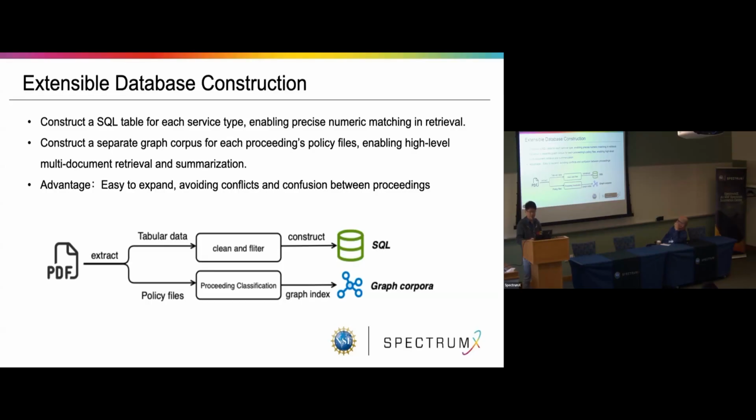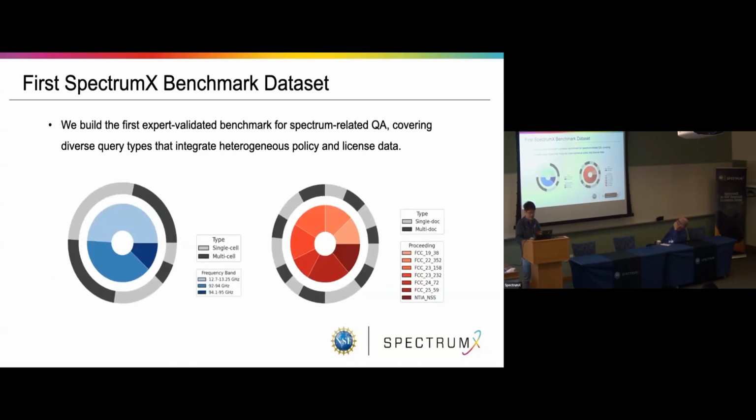The advantage is that this framework is easy to expand. We can potentially grow it to incorporate other data or proceedings. The second one is the benchmark dataset. This is the first, as far as we know, expert-validated benchmark for spectrum-related QA that covers diverse query types that integrate heterogeneous policy and license data.